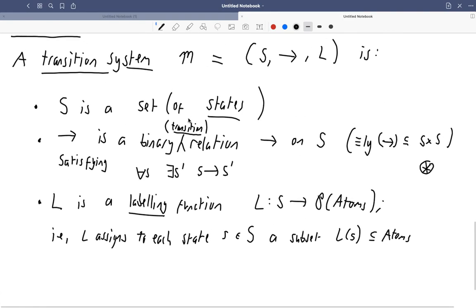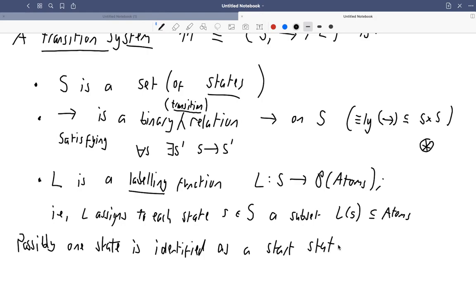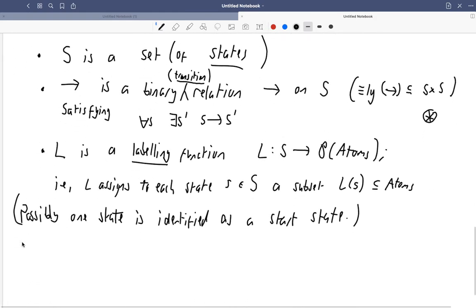And possibly one state is identified as a start state. So I'll put that in brackets. That can be part of the definition. It doesn't always need to be part of the definition.